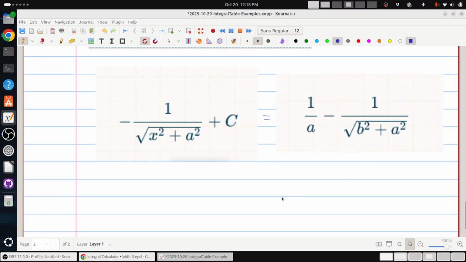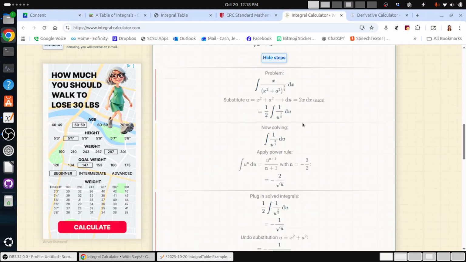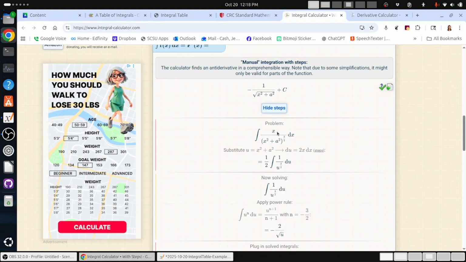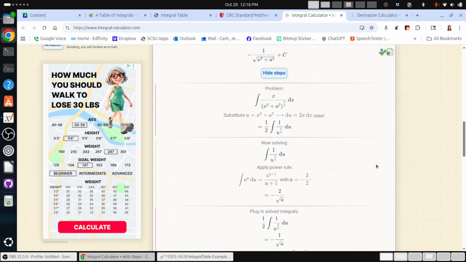Now, if you're using this to shortcut in your calculus class where you're supposed to be learning how to do all of those, then I encourage you to use the full steps so you can see what it is and use it as a tutor rather than just jumping to the answer. Because in the calculus class, you're trying to learn how to do this, not just use the integral as a tool within another problem.